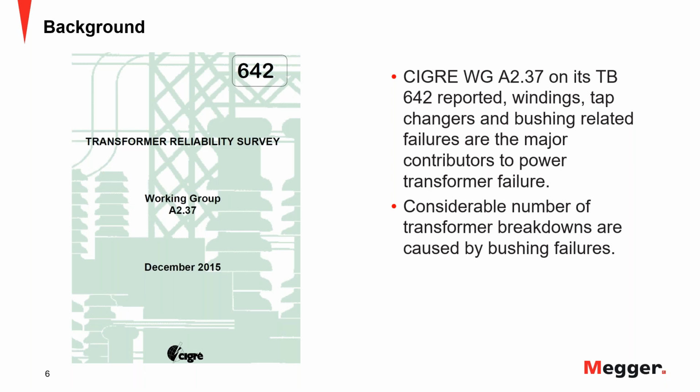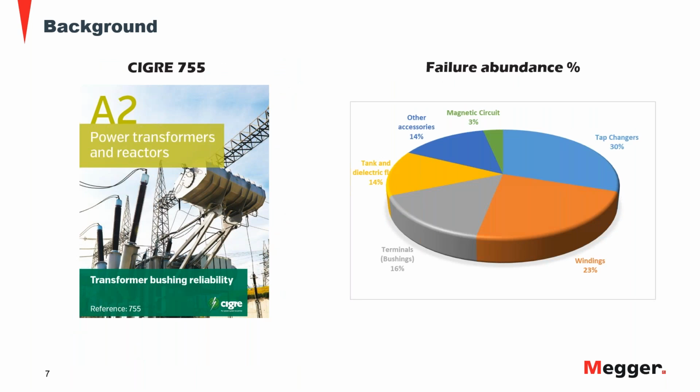Keep in mind that there is several documentation leading towards the application of different techniques for improving the reliability of bushings. After this work that was published in 2015, at the beginning of the year 2019, CIGRE published a different document talking specifically about reliability of high voltage bushings.